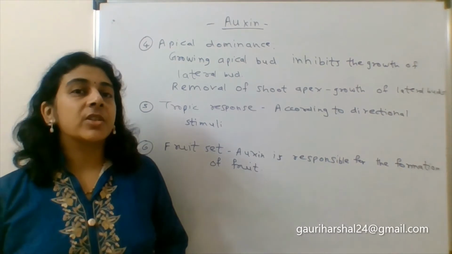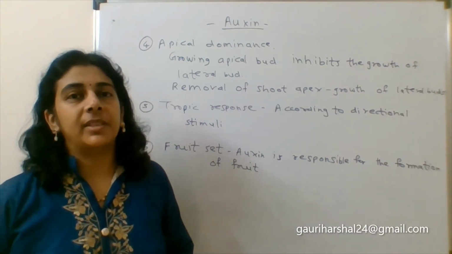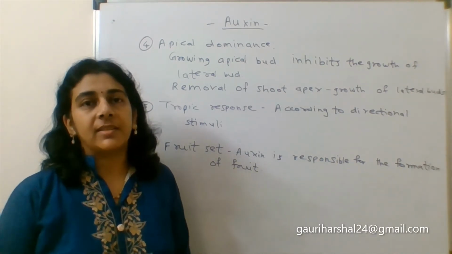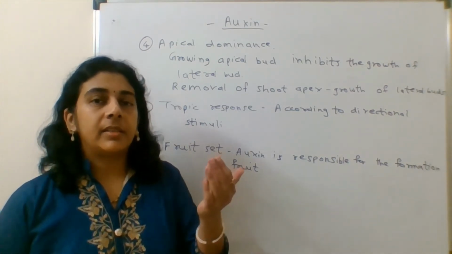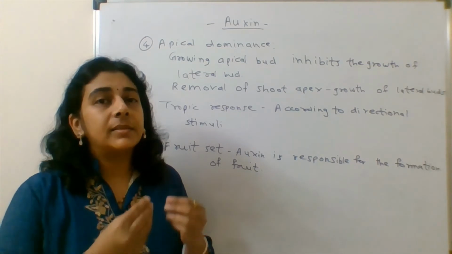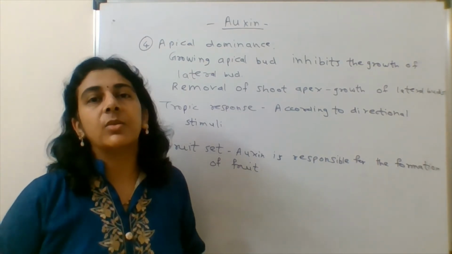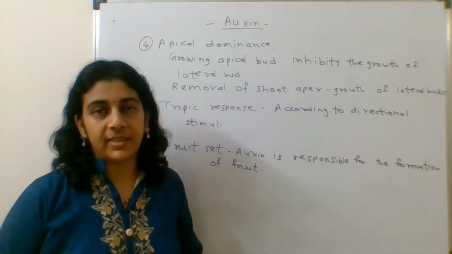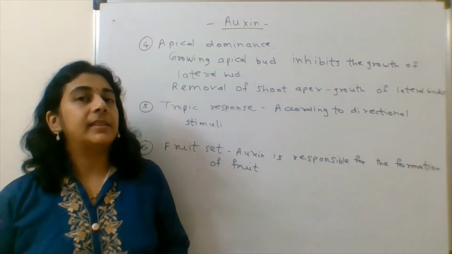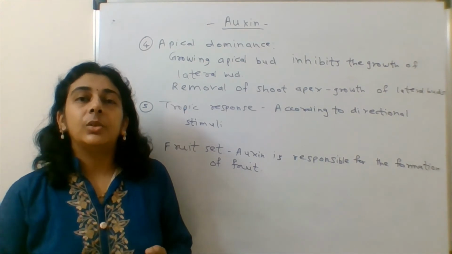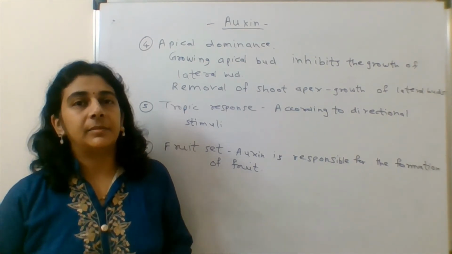The next function of the auxin is apical dominance. What is this apical dominance? As we know, plant grow in a straight line, and at the shoot apex there is a secretion of auxin, and this secreted auxin at the apex doesn't allow plant to grow in a lateral bud formation.